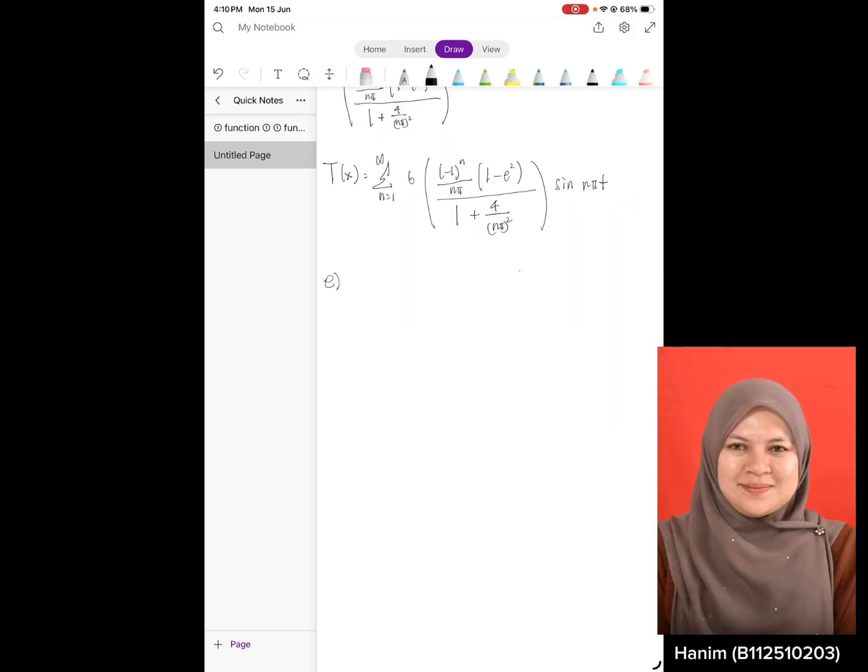For question E, is the sine series more appropriate in a mechanical system?